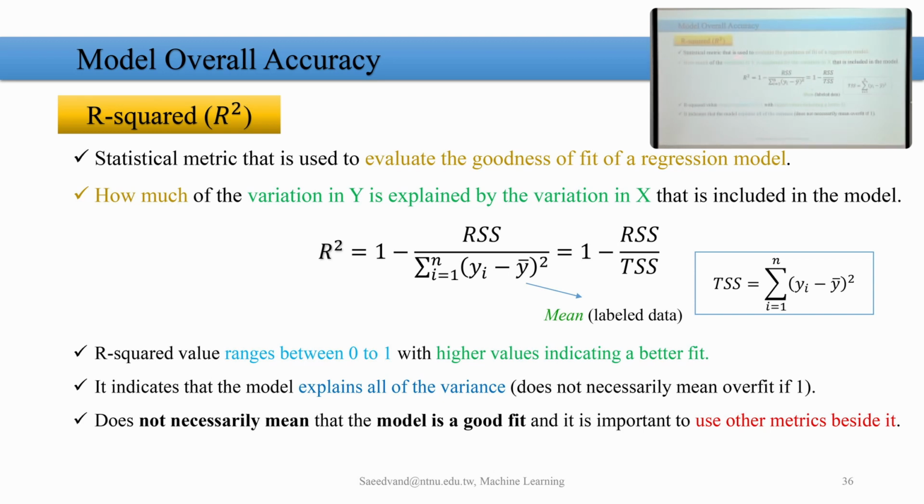R squared indicates how the model explains the variance, which does not necessarily mean overfitting of the model. If this shows the variance or variation across different models, can we conclude that our model is overfitting or not?